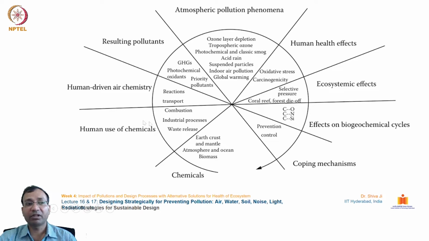Okay, human use of chemicals, if you see here, combustion-based exhaust, industrial process-based exhaust, the waste releases compounds in the form of gases to the air, in the form of effluent in the water, in the form of other solid waste and effluents in the soil. So in an overall sense they create a problem in these.